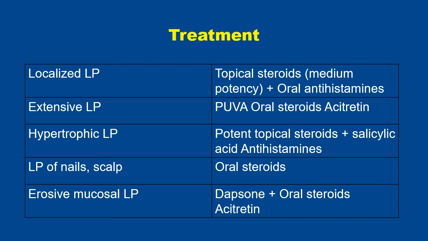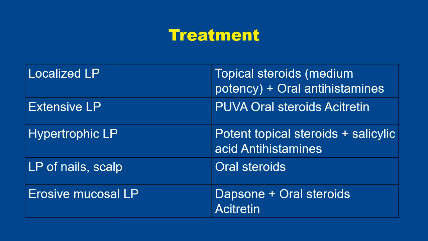In patients who have extensive Lichen planus, we may give them psoralen and UVA along with oral steroids, with or without acetretin. In patients with hypertrophic Lichen planus, potent topical steroids like clobetasol are usually combined with salicylic acid, and antihistamines are usually added in such patients because the lesions are very itchy.